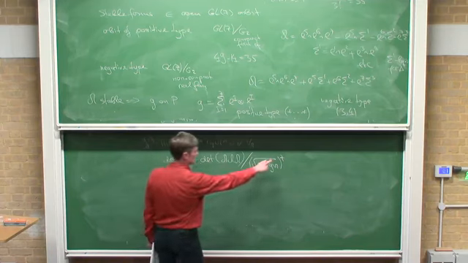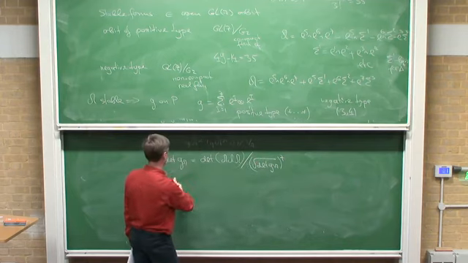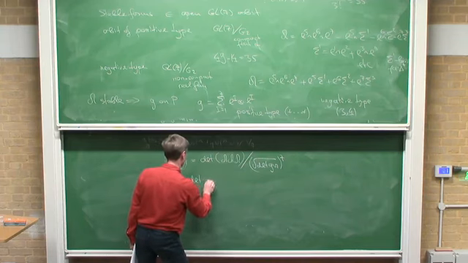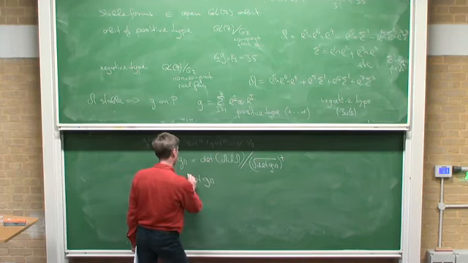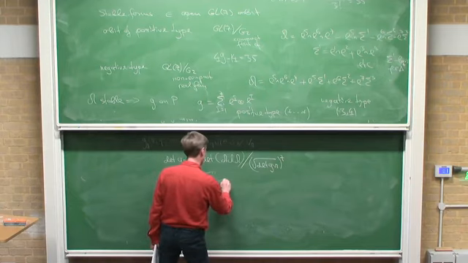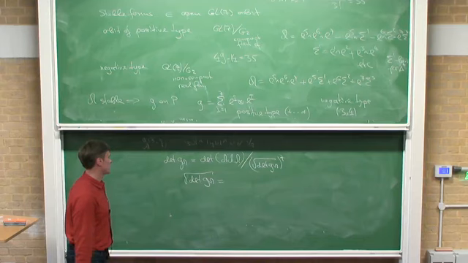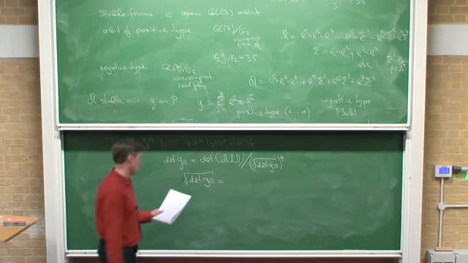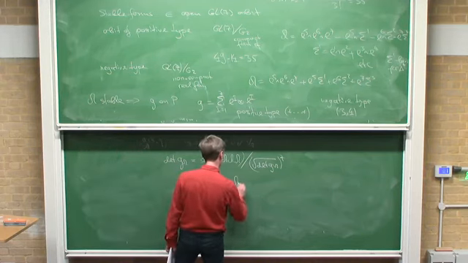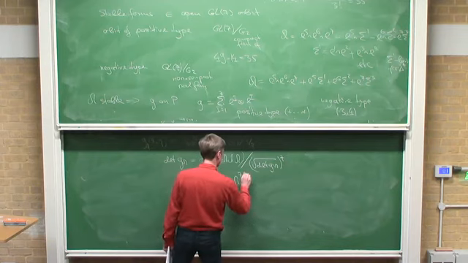So this is 7 halves, overall this is 9 halves, so the square root of determinant g omega scales as omega to the 7/3.